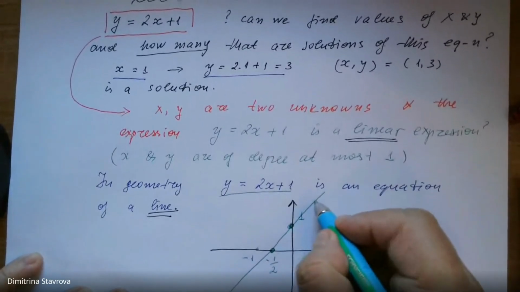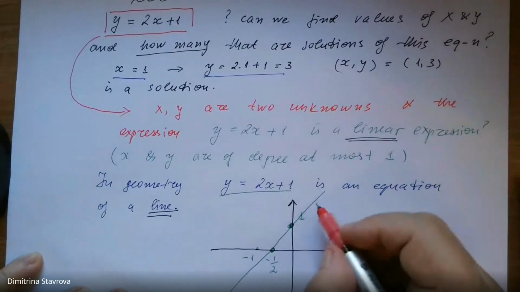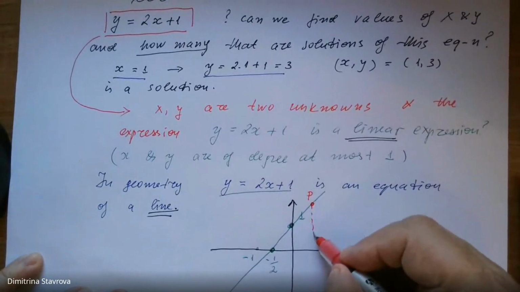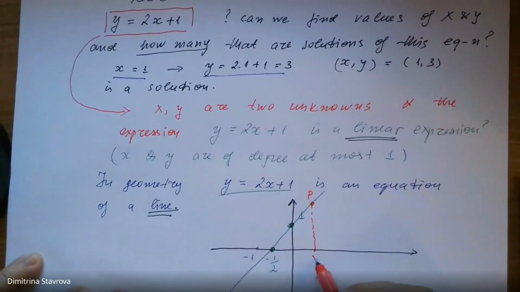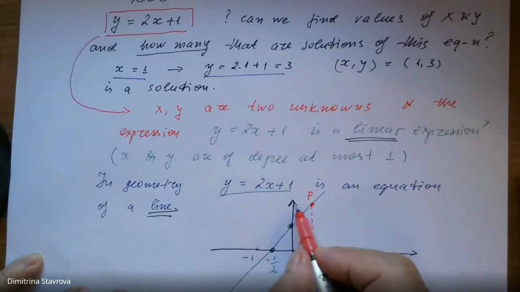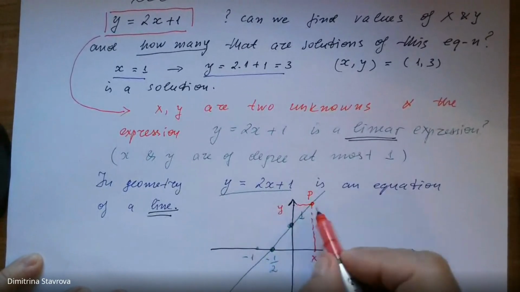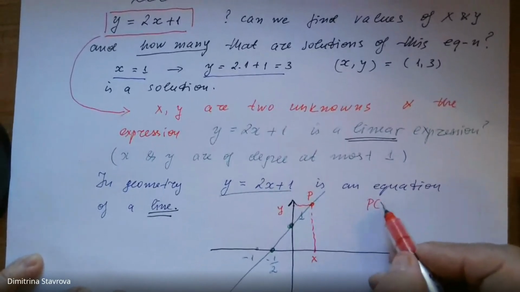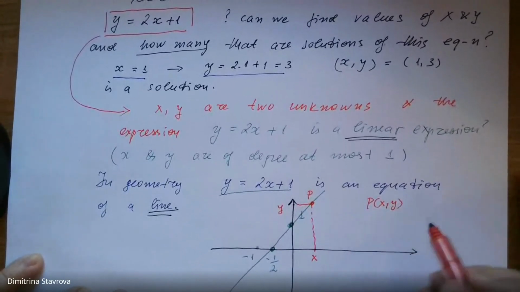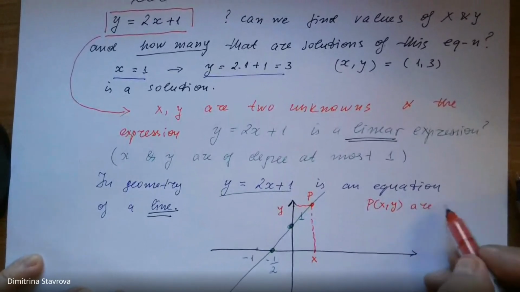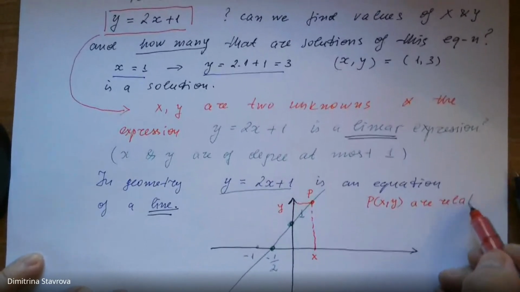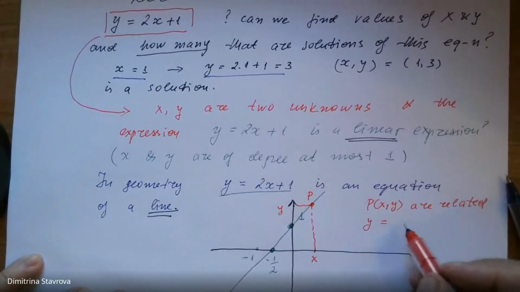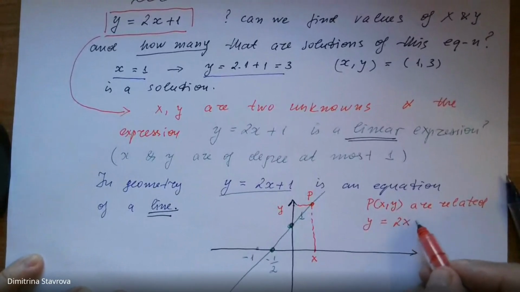Take an arbitrary point on this line. Let's say the point P. It has x coordinate x and y coordinate y. And these coordinates of the point on the line are related by knowing that y is equal to 2x plus 1.